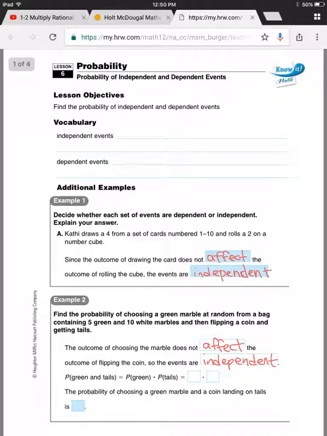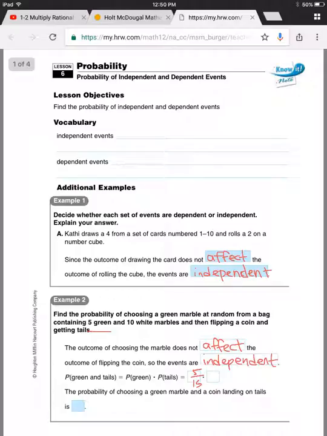Okay, so now we're going to look at finding the probability of getting a green marble and getting tails. So the probability of getting a green marble, there are 5 green out of 15 total, because 5 plus 10 is 15. Okay, or you can simplify that to 1/3.